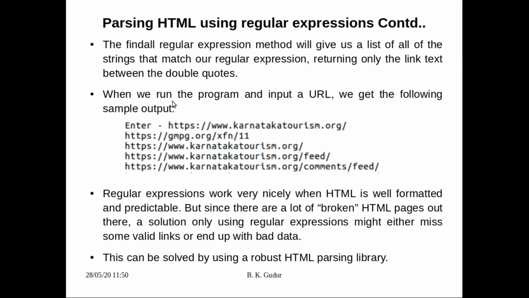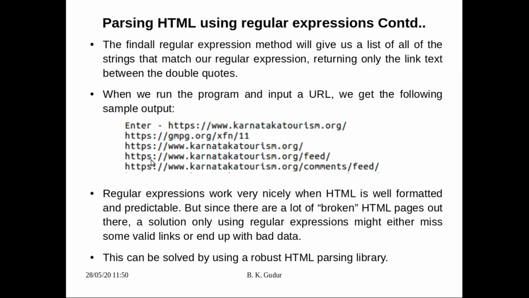So when we executed the program, we saw something like this. Regular expressions work very nicely when HTML is well formatted and predictable. But since there are a lot of broken HTML pages, a solution using only regular expressions might miss some of the valid links. Like, dear students, there may not be any HTTP before a particular link.